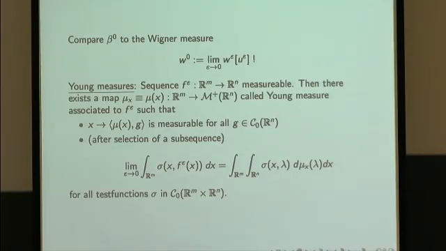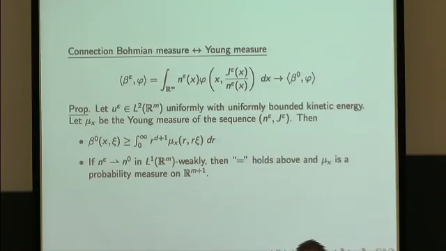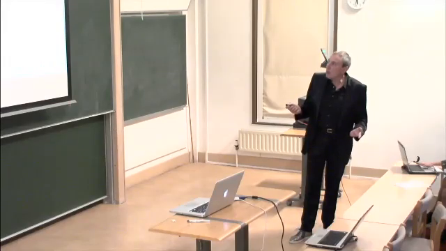Now, why is that adequate for the Bohmian measure? Well, think of the Bohmian measure applied to a test function. If you apply the Bohmian measure to a phase-space test function, you will get an integral like this. Okay, and the limit of this can of course be expressed in terms of the Young measure, which is associated to the sequence consisting of position density and flux density, right?